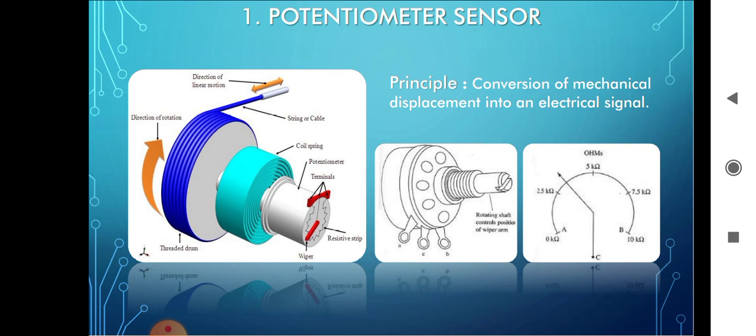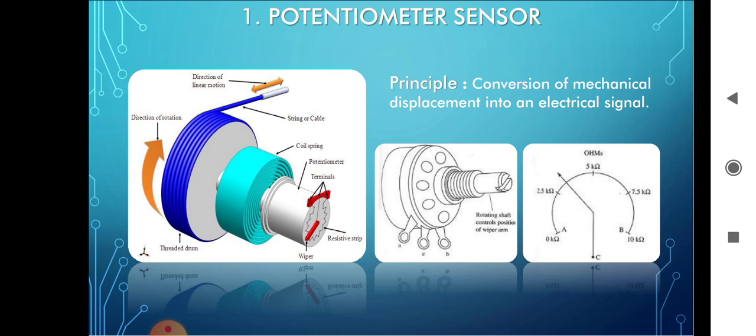The principle is the conversion of mechanical displacement into an electrical signal. The pressure makes the diaphragm move, and it produces the electrical quantity.